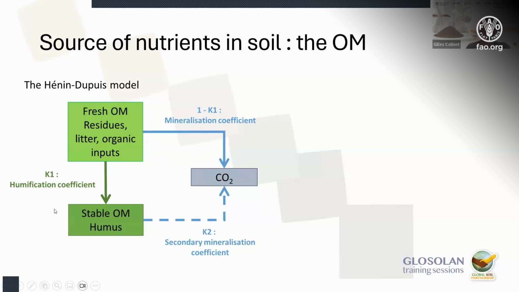And then the stable organic matter is not so stable because it also can be used by the microorganisms. We have another coefficient, which is the K2, which is the proportion of stable organic matter which is converted into CO2 on an annual basis, usually.